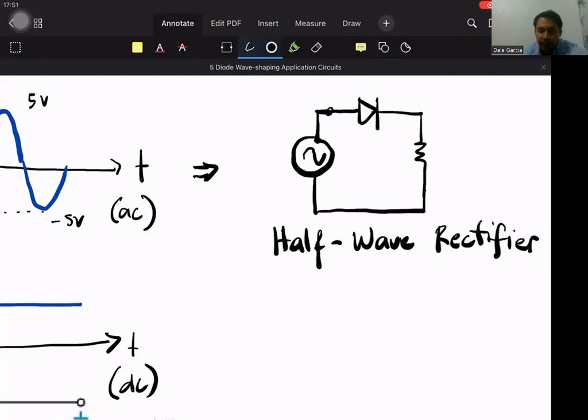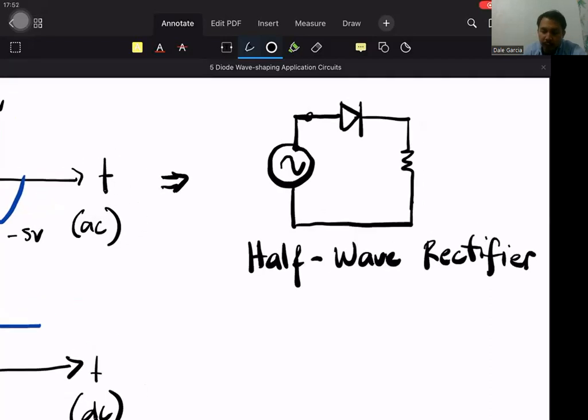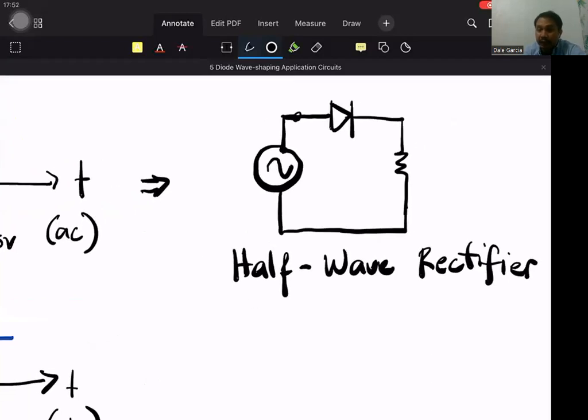This is the simplest circuit that we could come up with using a single diode and a single resistor in series. There's nothing different between this and a simple series diode circuit. The only difference is our source, or signal source, which is AC.